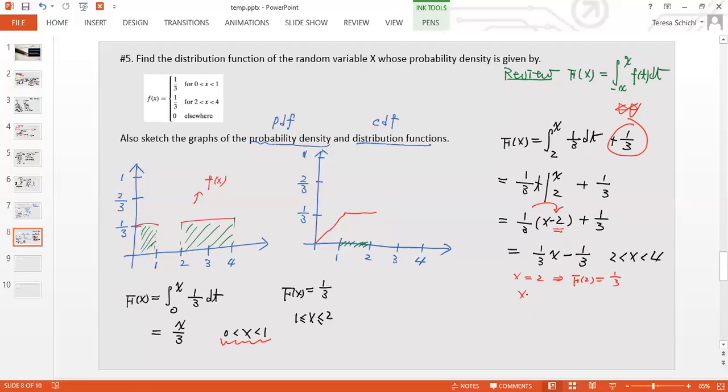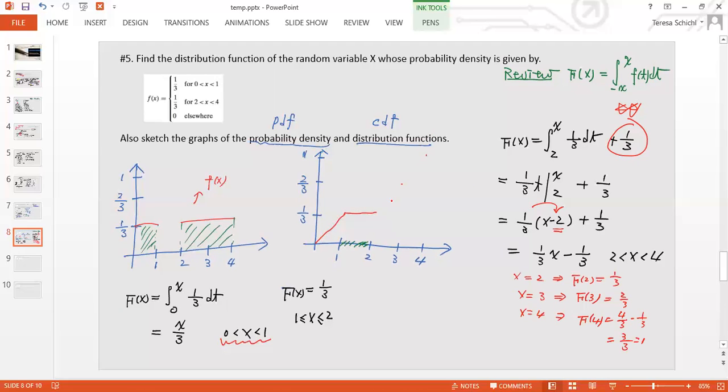When x equal to 3, what happened? f of 3 is 3 over 3, which is 1, and 1 minus 1/3 is 2/3. So that means I jump to here. Then when x equal to 4, f of 4 is 4/3 minus 1/3, so it's 3 over 3, so it's 1. So it's reached 1 here.